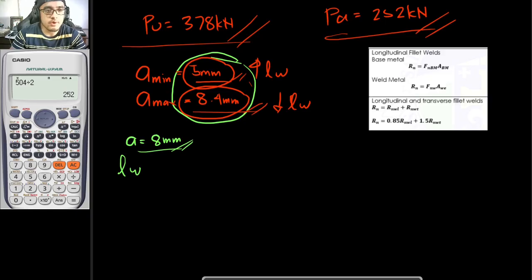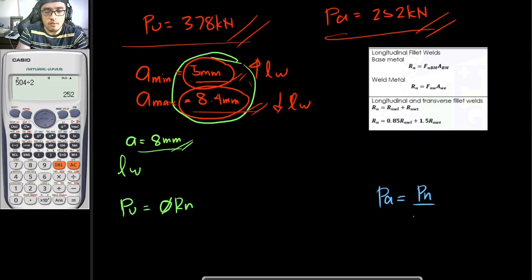So if we are to use LRFD, our PU is equal to phi RN or phi PN. And for our ASD, our PA is equal to PN over omega, so PN or RN over omega.